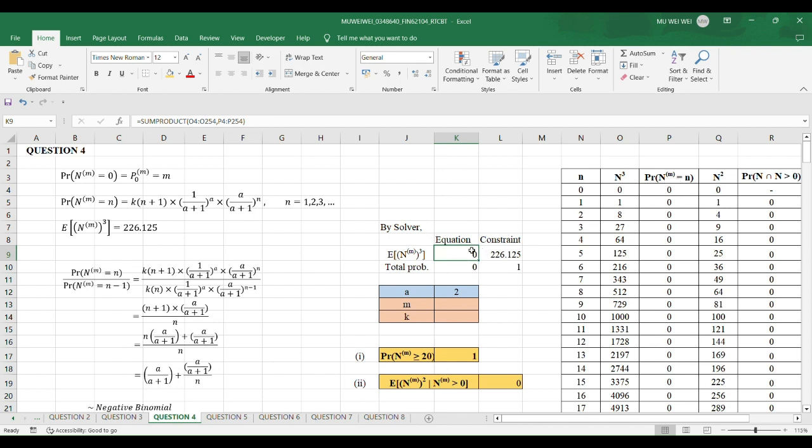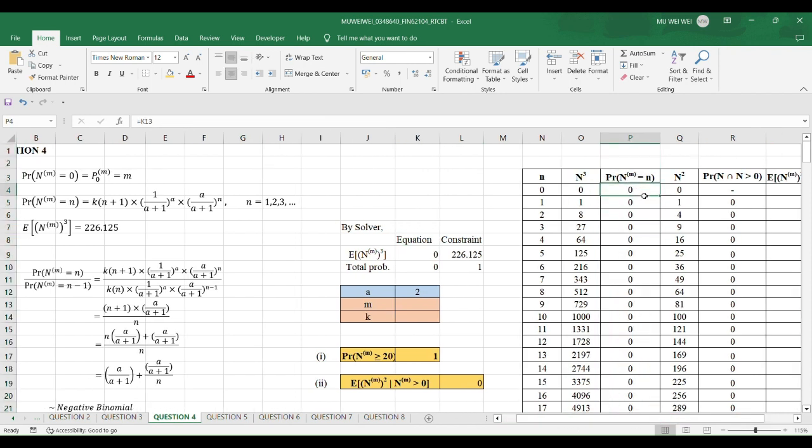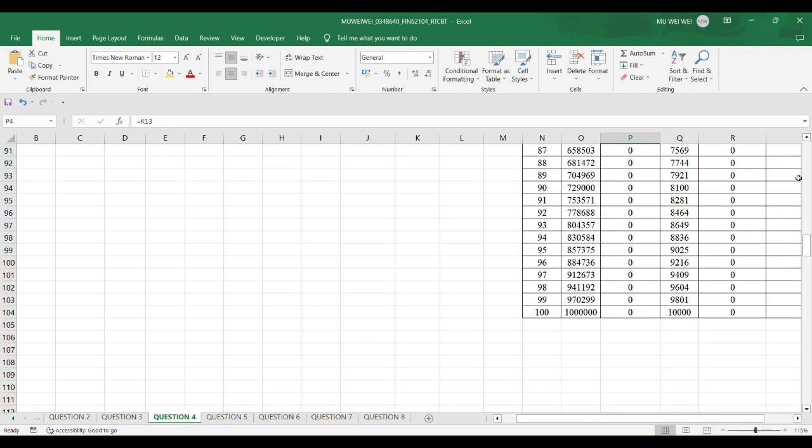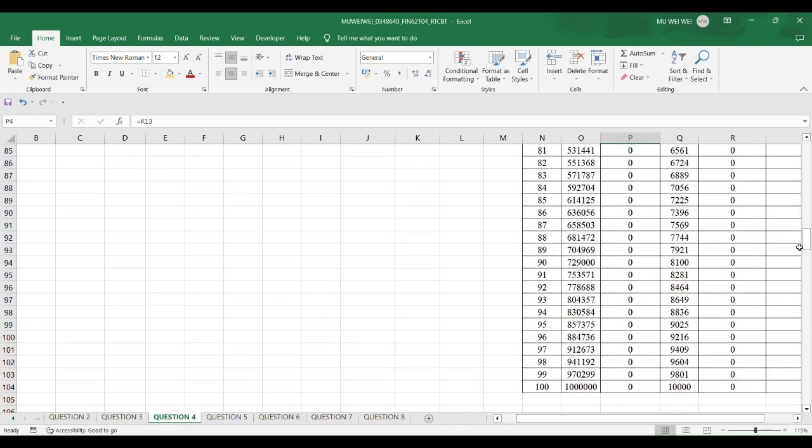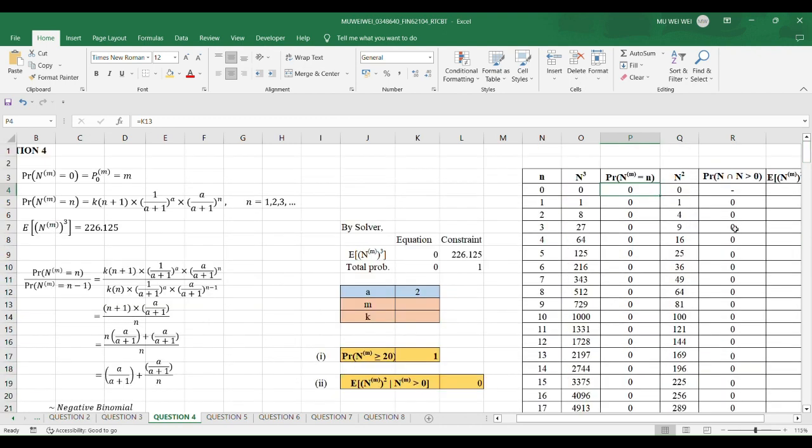And then the second equation will be the total probability, which is this column, will be equal to 1. So the sum of the probability of Nm equals n, from n equals 0 to 100, will be 1. So I let the sum of P4 to P104 equal 1.